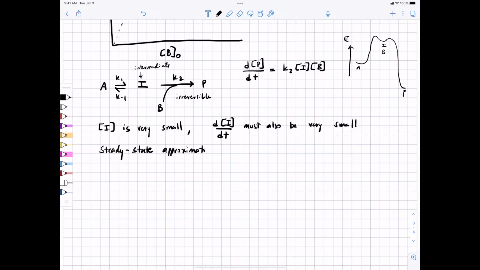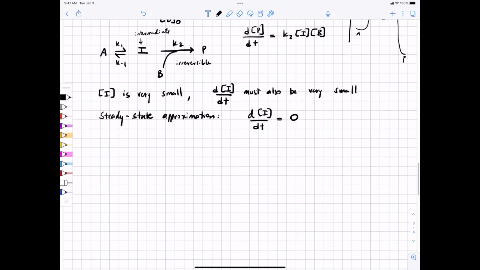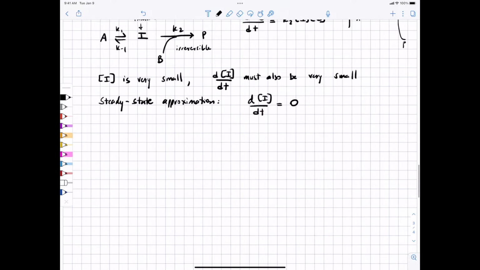The steady state approximation is that the concentration of that high energy intermediate does not change over the course of the reaction. Now, of course, at the very beginning and at the end, that's not going to be exactly true. But during the course of the reaction, when we can make measurements, it's hopefully close enough to true to apply.